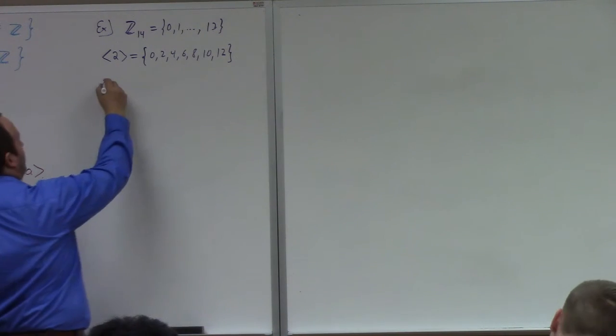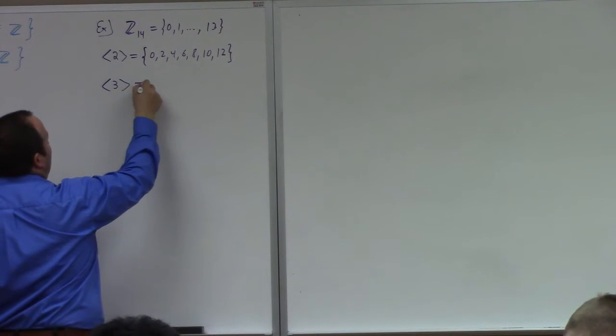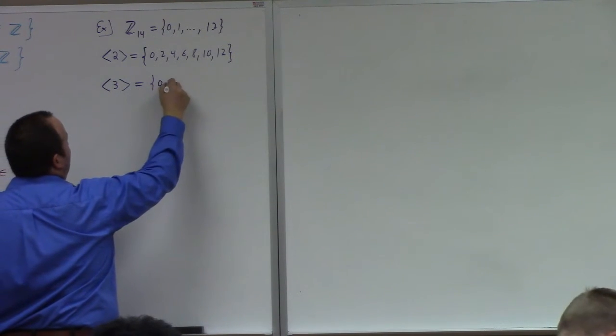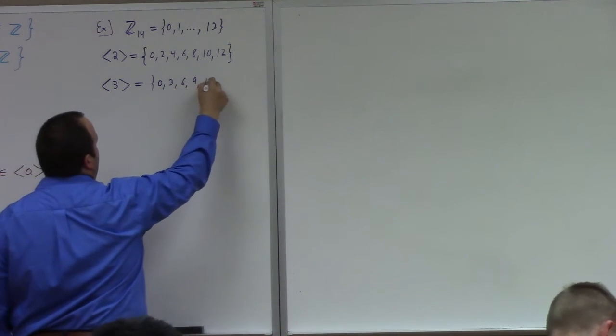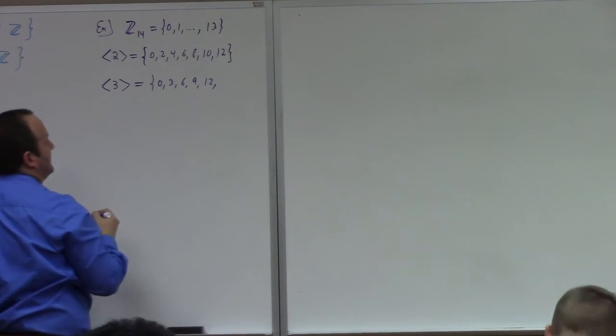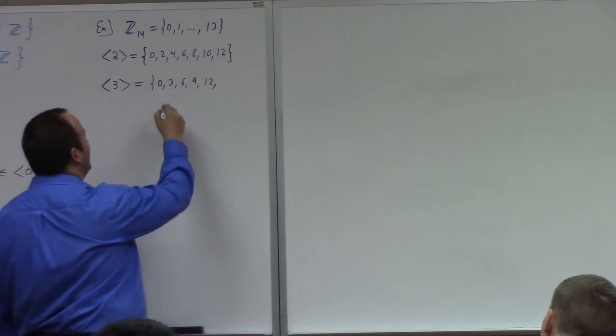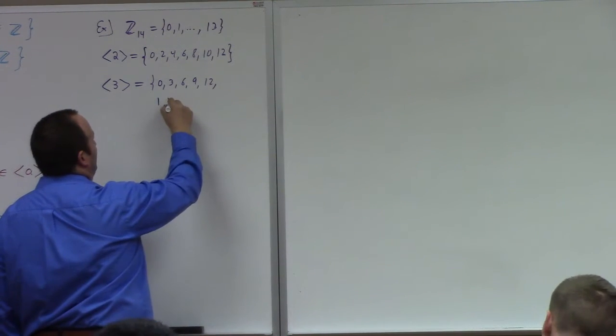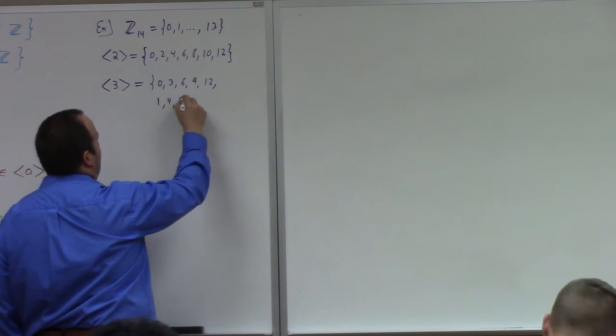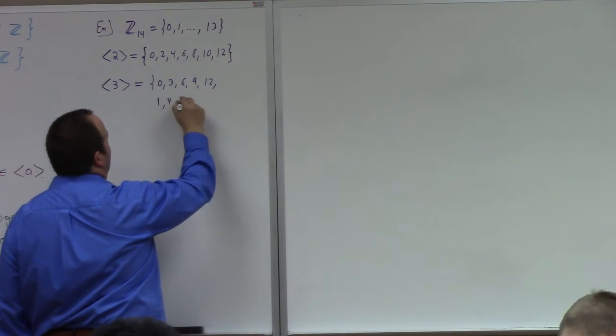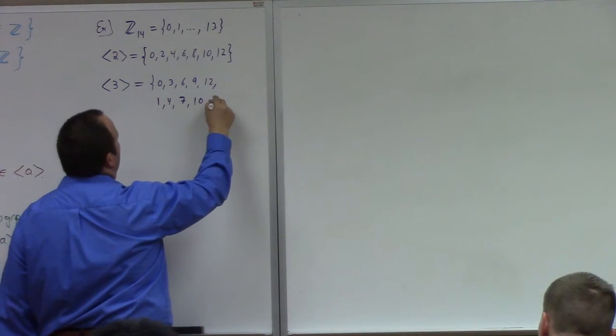How about the cyclic subgroup generated by 3? I think you see where this is going. Then where do we go? We go to 1, 4, 7, 10, 13.